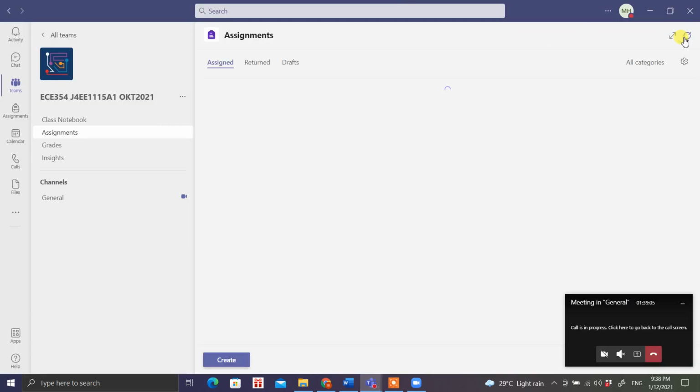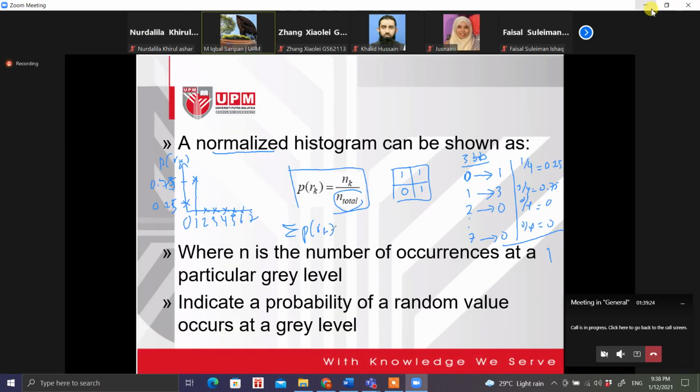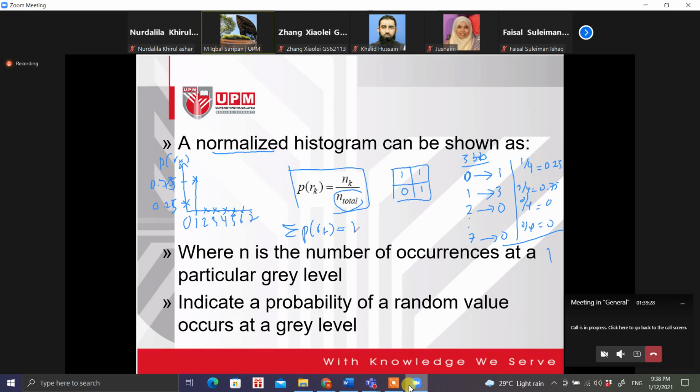You add all probabilities together, you get 1. In other words, if you want to rewrite that, if you sum all of the values of the probability function, you get 1. Any questions?